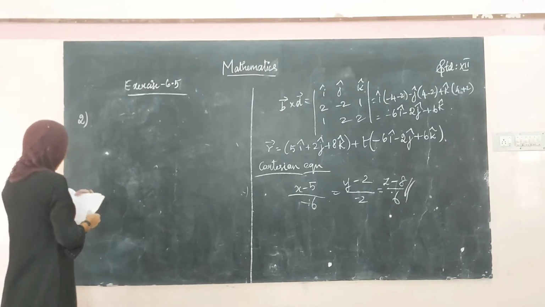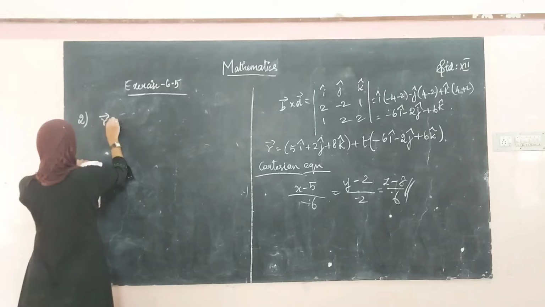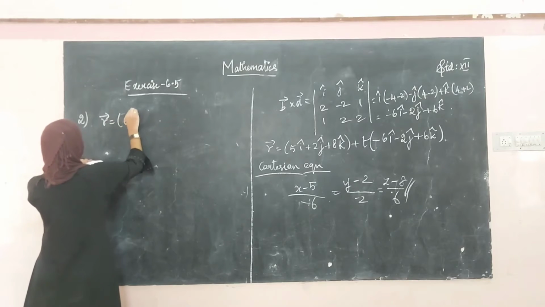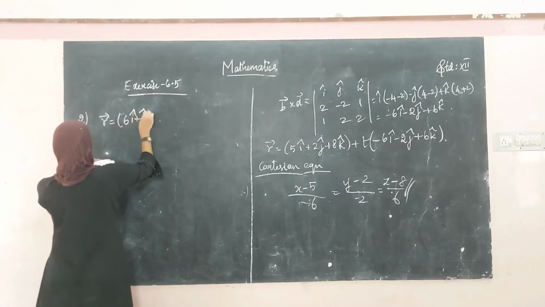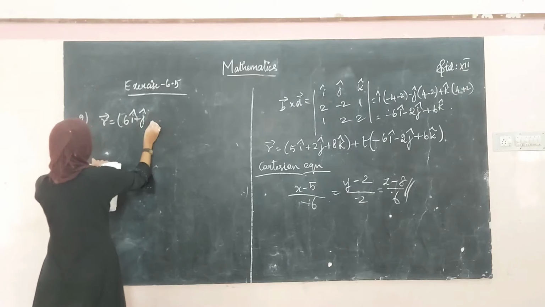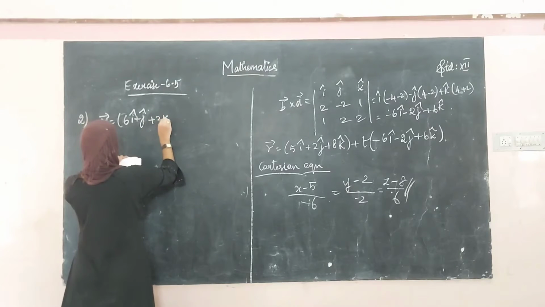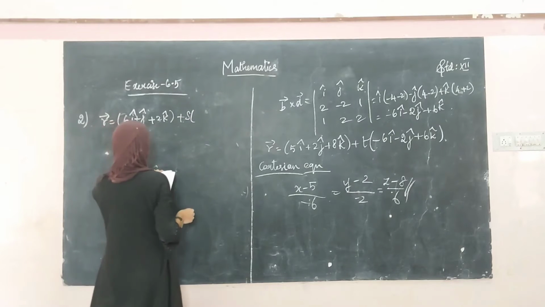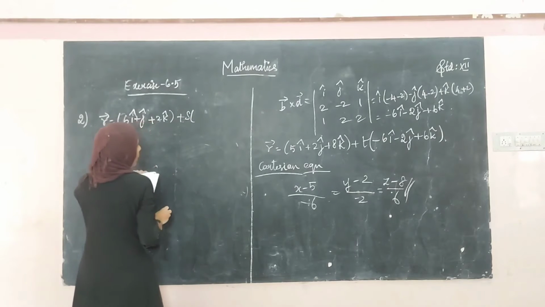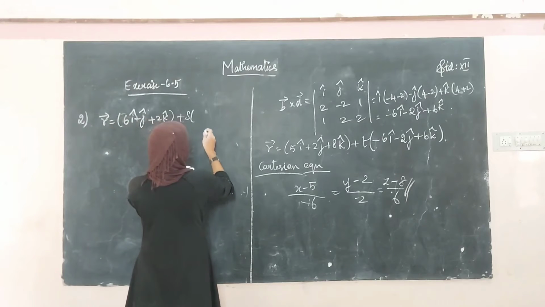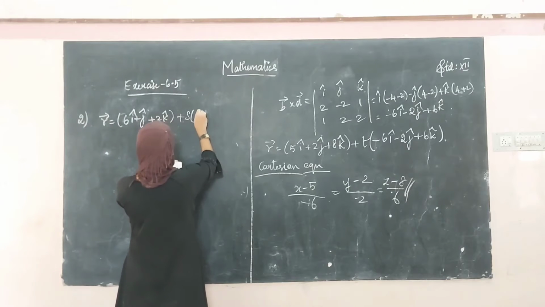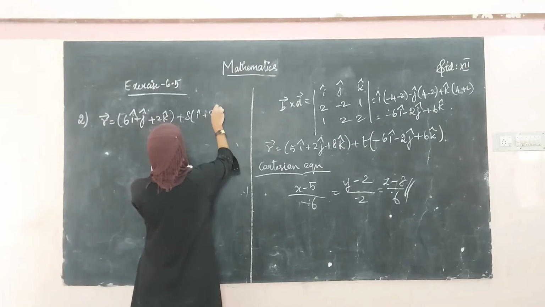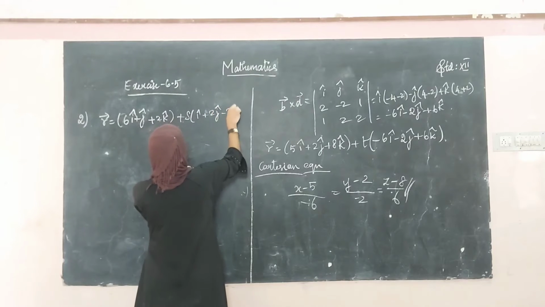So, what are the lines given there? r vector is equal to 6 i cap plus j cap plus 2 k cap plus s into (i cap plus 2 j cap minus 3 k cap).